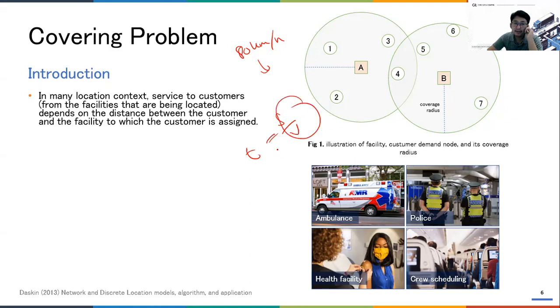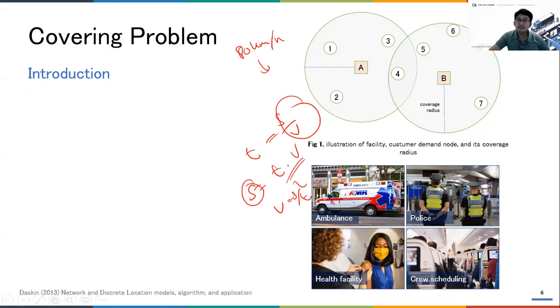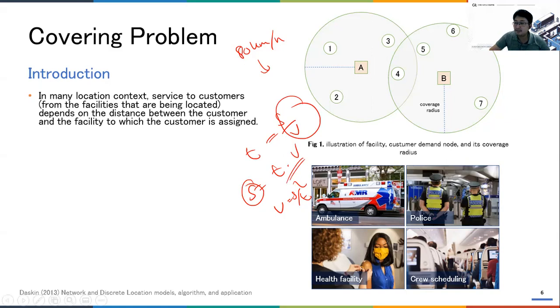So you define the coverage distance as time multiplied by velocity, right? Distance equals time multiplied by velocity. That's how you can define the coverage area.